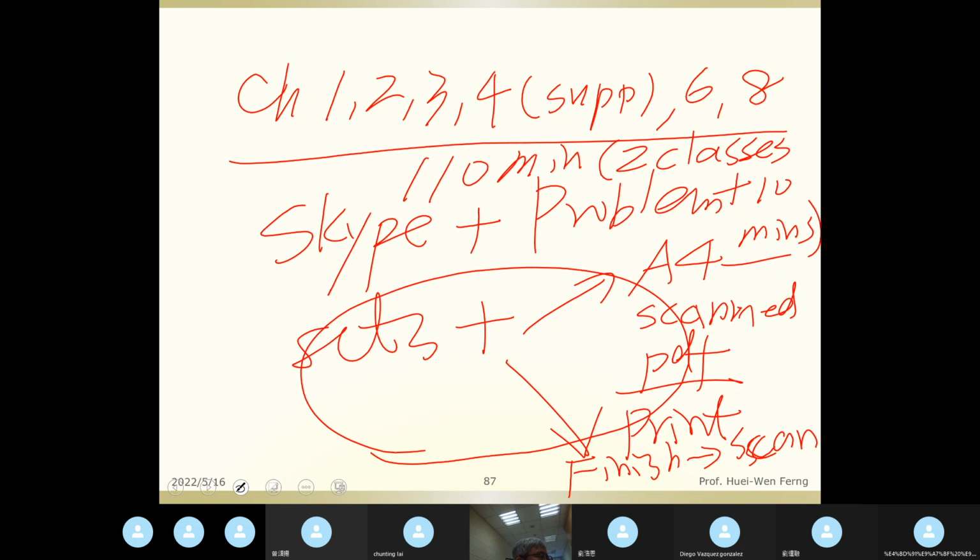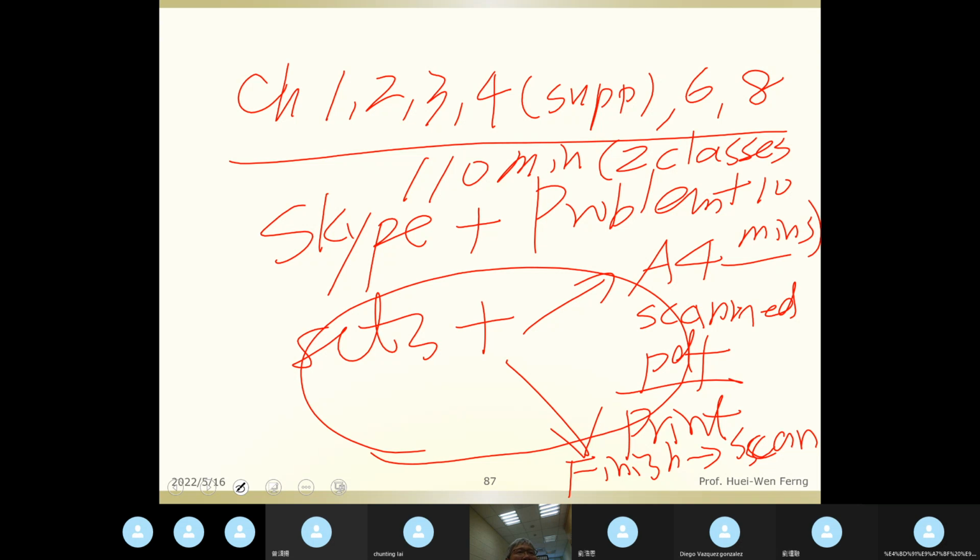Originally, if we have the physical classroom, I expect to have a half closed book and half open book. But right now, it is not possible to have the physical classroom to have the final exam. So I still try to use Skype to release a problem set. The problem set actually is the problem with the proper space. So that's why if you have the printer, you can print it directly.